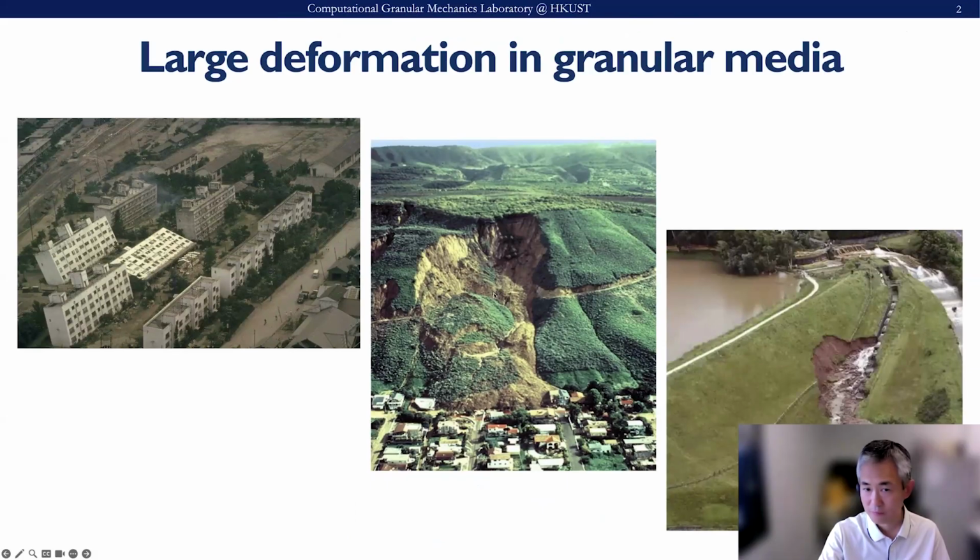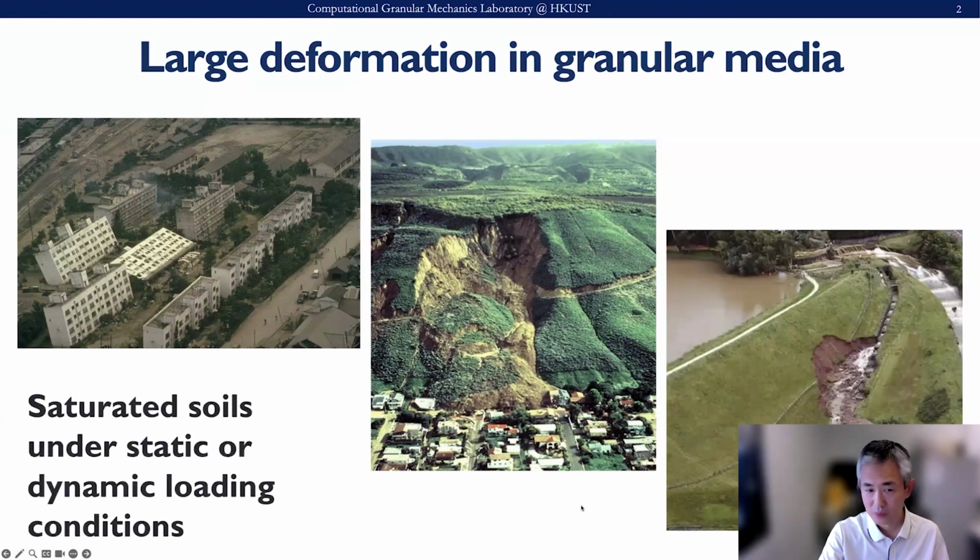And this is the famous California debris flow situation, where after big rainfall you generate such a large deformation failure. Another one would be the embankment dam collapse problem. All involve large deformation, for saturated or unsaturated soil and different loading conditions here.